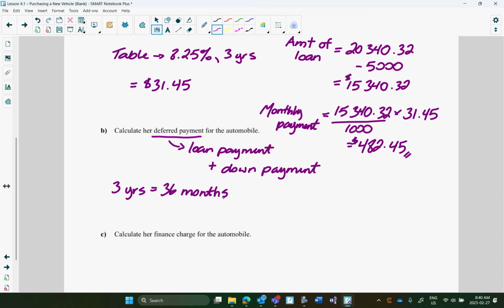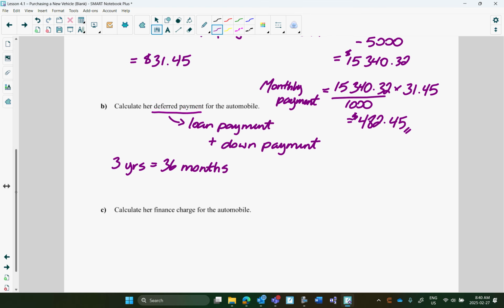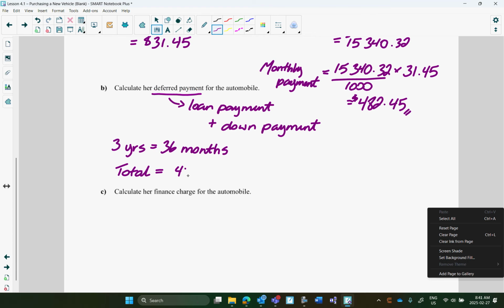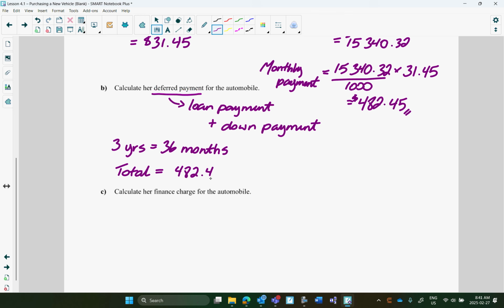Remember, she's paying $482.45 a month for 36 months. So the total she's going to pay on the loan is $482.45 per month times 36 months.